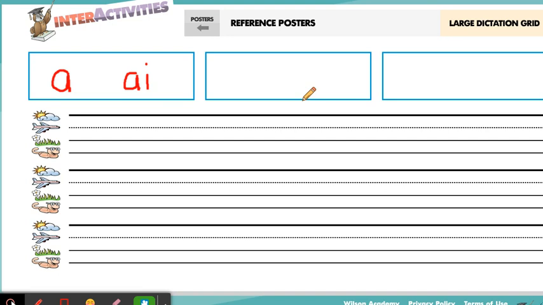That says A. A-Y also says A. And then A dash E says A. Those are 4 different ways to write A.